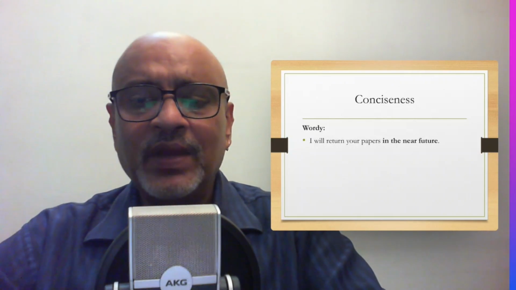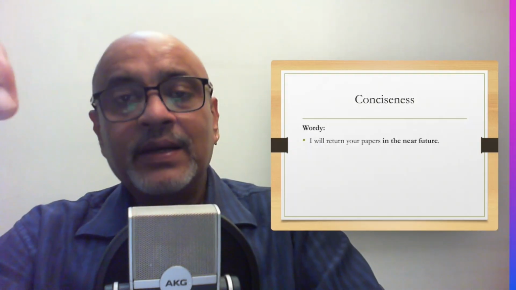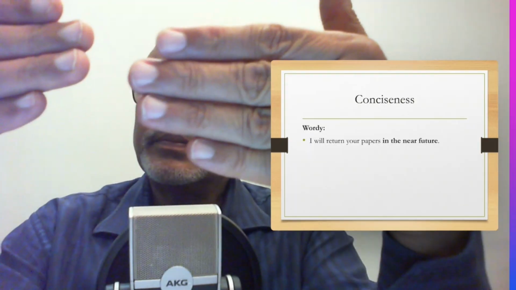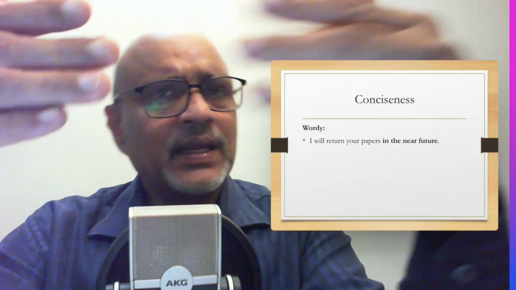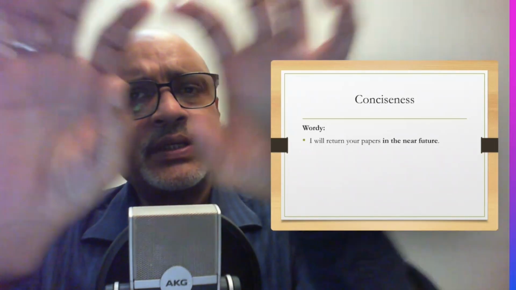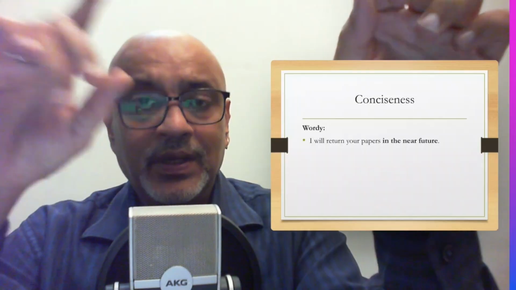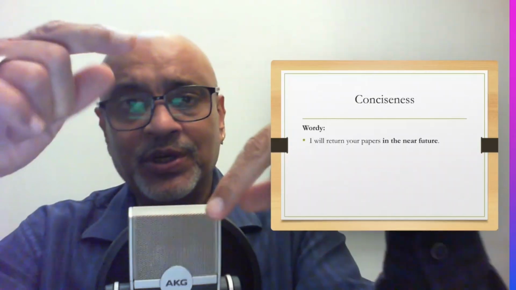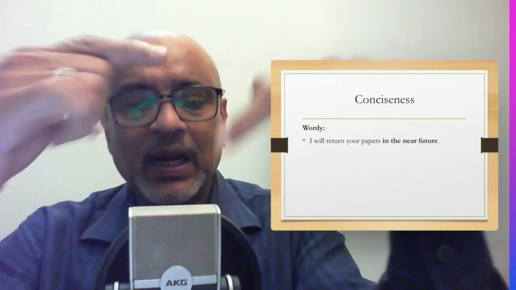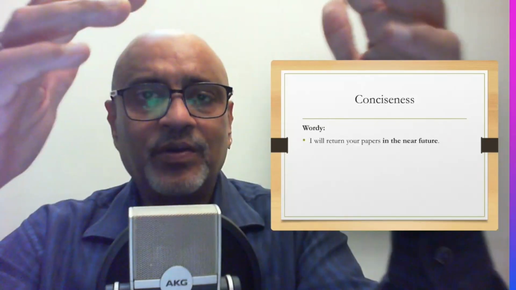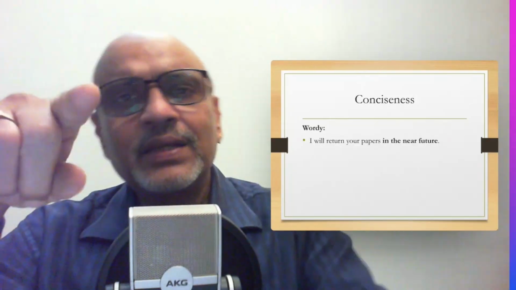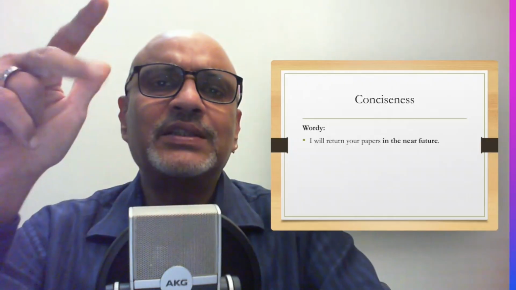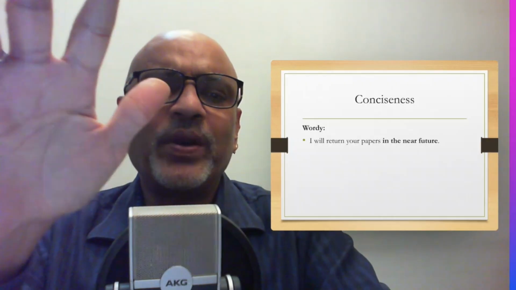So next time when something long-winded comes to your mind, write it down, read it again, and ask whether there are any words or expressions here that can be eliminated. If they can be, then substitute, then cut out. If you start doing that, your writing is going to become concise, precise, direct, relevant, and to the point.